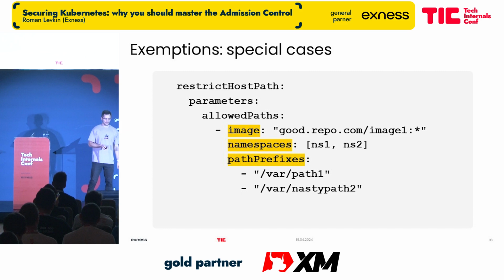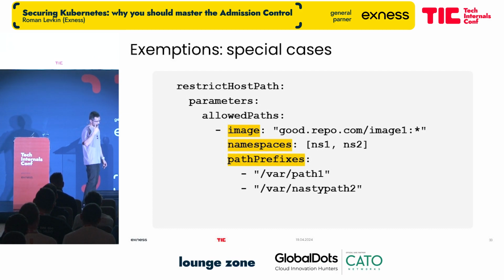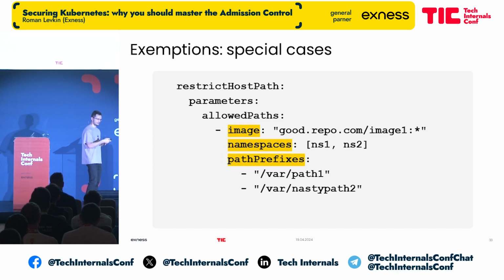Some policies will require exclusive settings for providing exemptions. Restrict hostPaths. Getting back to the previous example, we said that our Kubespray Nginx installation does rely on hostPath. If we exclude just a combination of an image and a namespace, it means now it is possible to run this kind of image in this kind of namespace using all kinds of hostPaths.